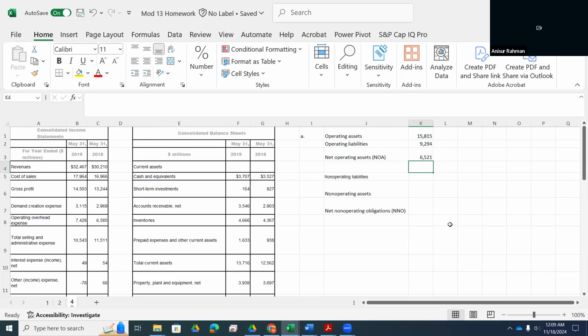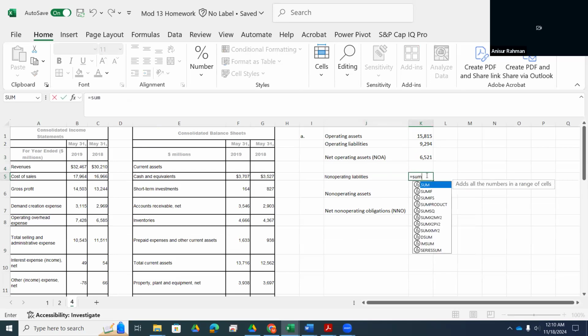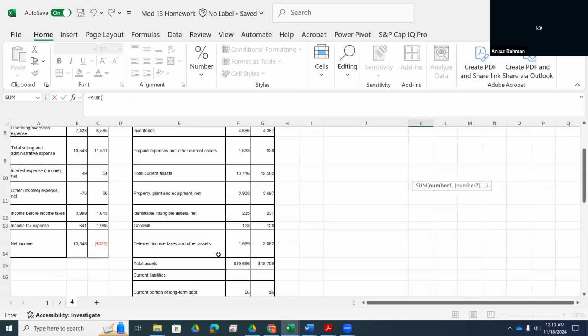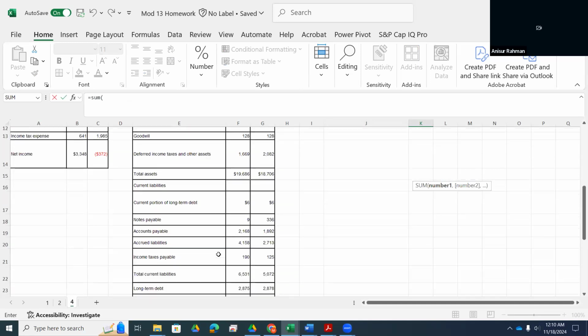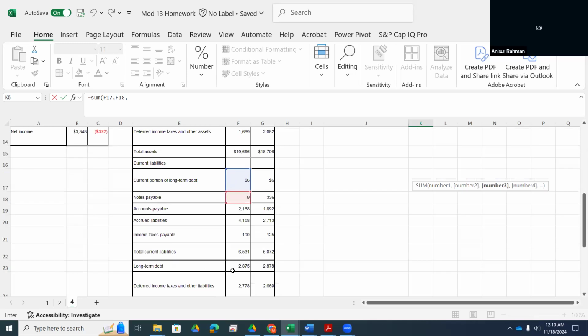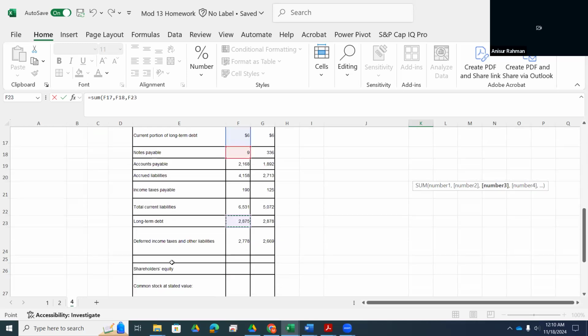Now, non-operating liabilities equal the sum of the current portion of long-term debt, notes payable, long-term debt.